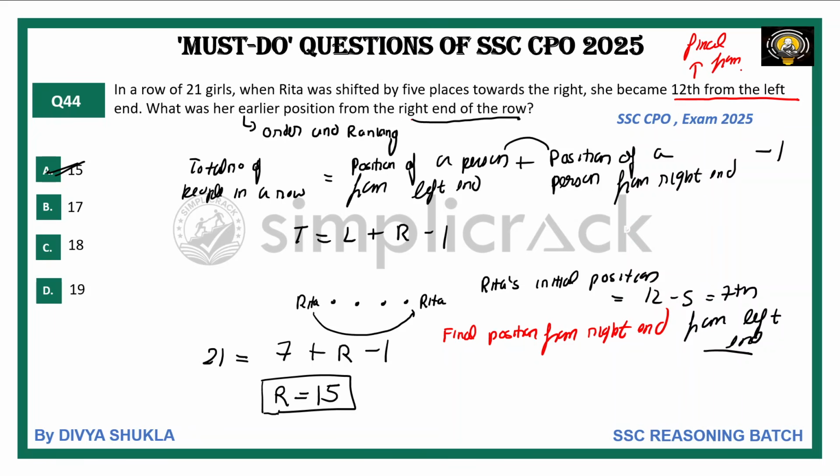We already know the final from left, so you don't have to do anything, just use the formula normally. So I have 21 equals 12 plus R minus 1. This gives 9, R would be equal to 10. That is the final position of Rita from the right hand: 10th from the right. I hope this is clear.